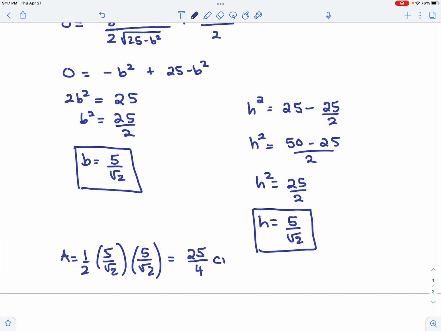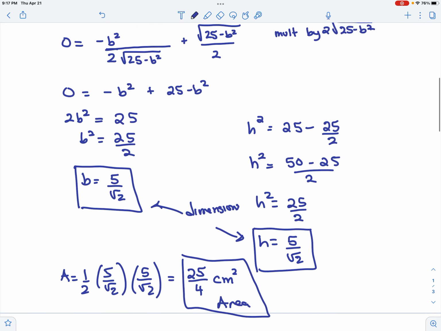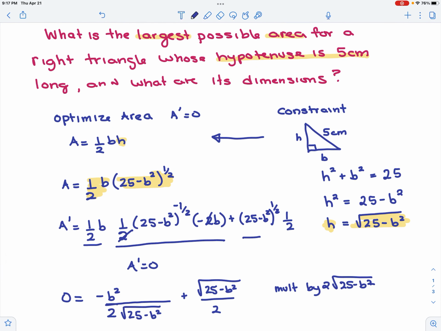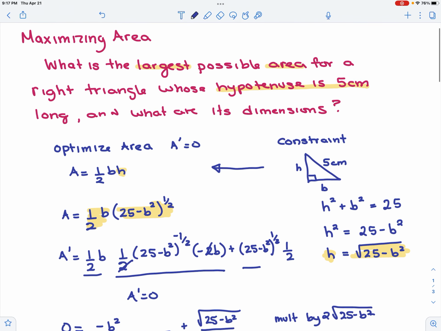And this would be centimeters squared. So that's the area, and these are the dimensions. And that's the maximum area. So when the triangle is isosceles, we get the largest area.